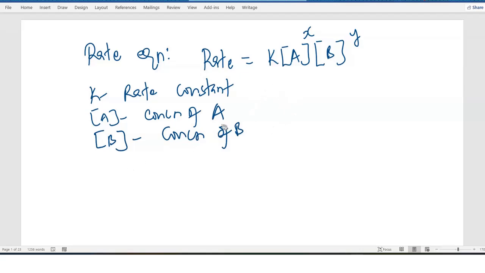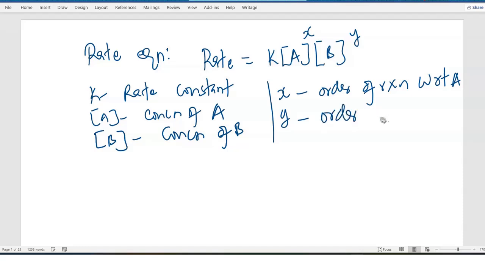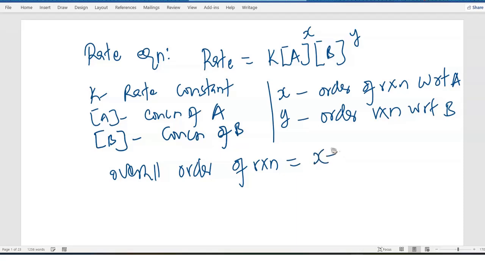And x is the order of reaction with respect to A. Then y is the order of reaction with respect to B. So if someone asks you to determine the order of reaction with respect to A, you would write x. If someone asks you the order of reaction with respect to B, you'd write y. So the overall order of reaction would be x plus y.